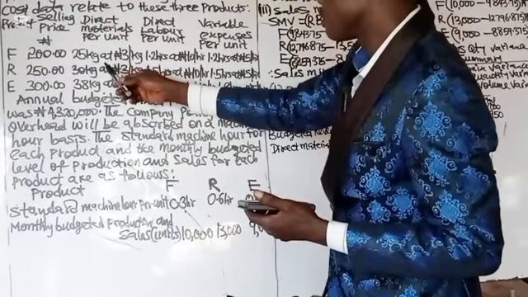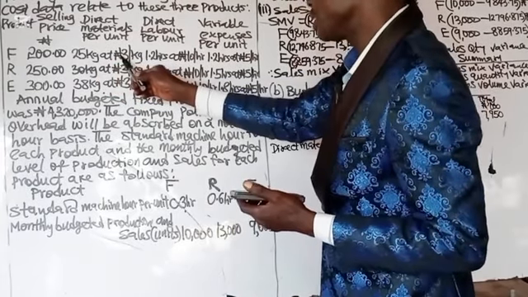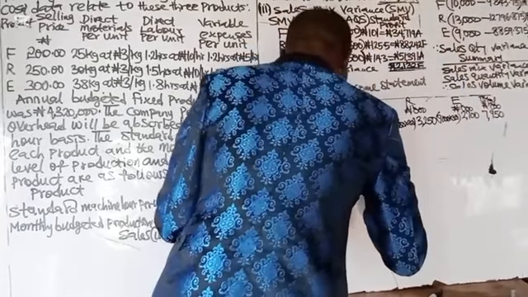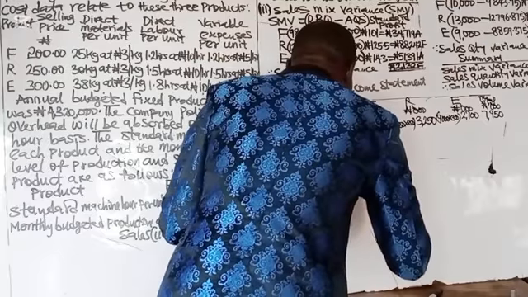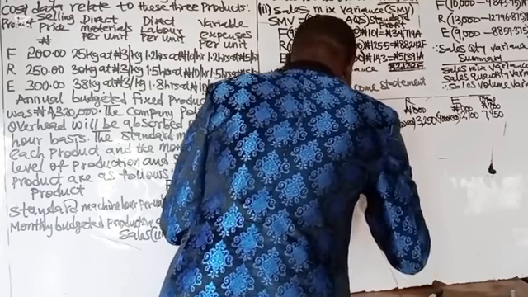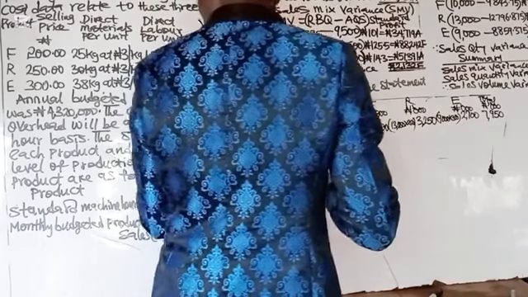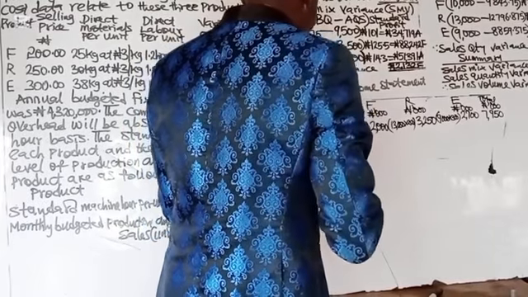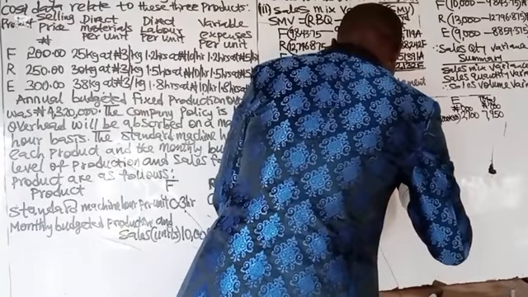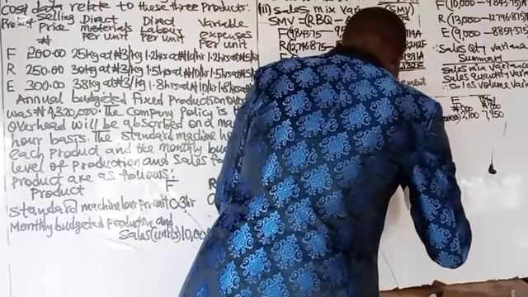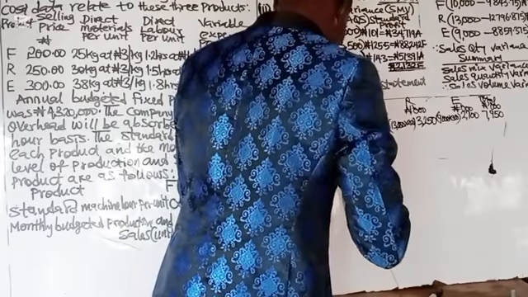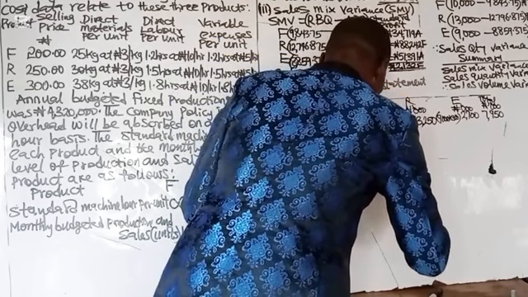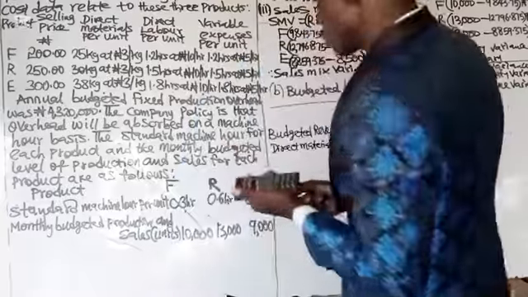So we have 25 times 3, that is for F, times the budgeted quantity, which is 10,000. 25 times 3 times 10,000 is 750,000. So that of other products will be calculated the same way.